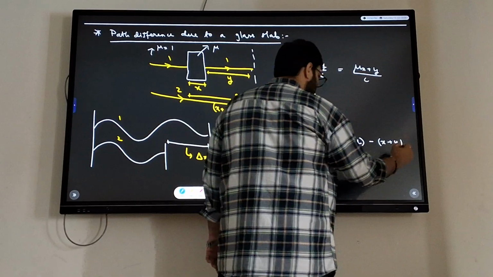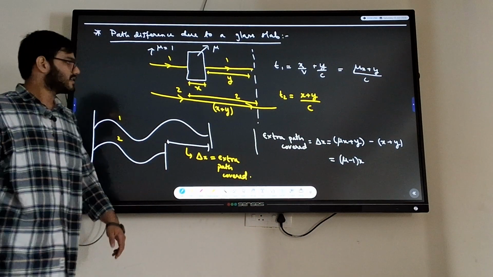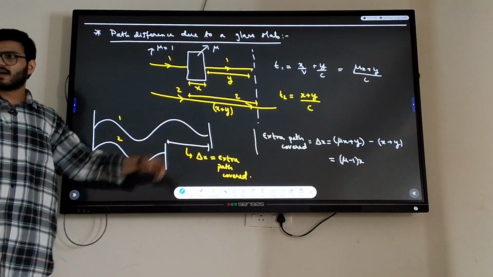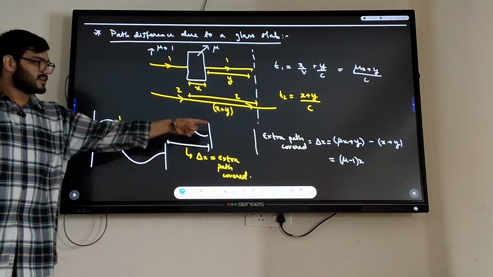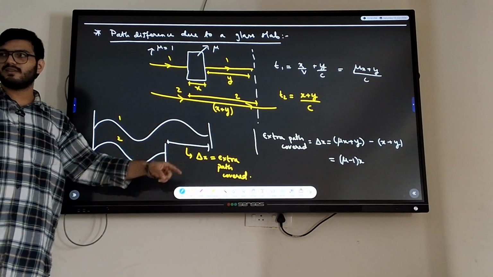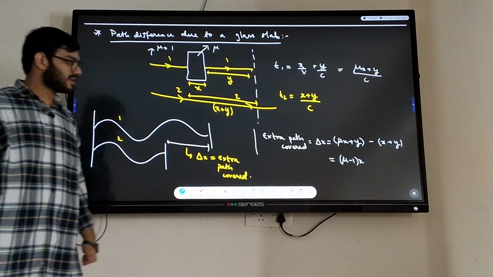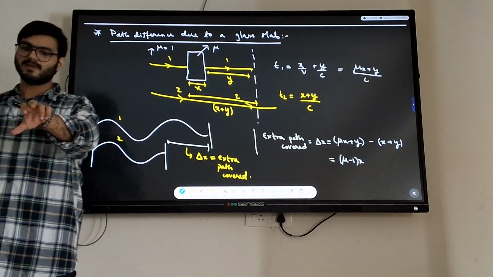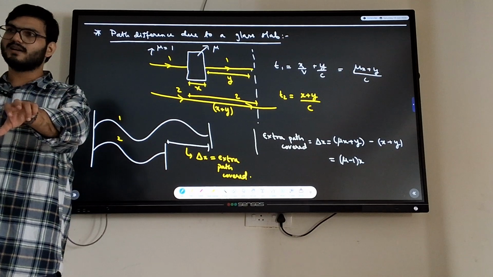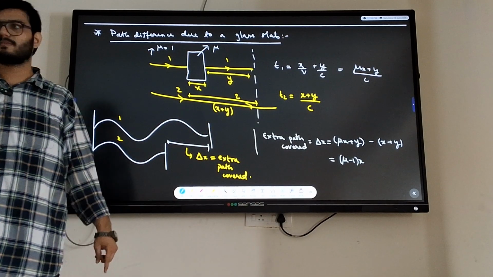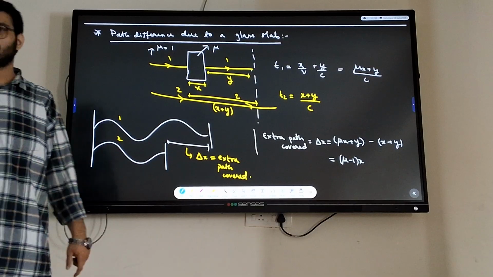And I think it should be very clear that x is the thickness of the slab. Yes or no? I did not write t because I used t2 and t1 earlier, so that's why I wrote x. Is it okay with you? Then you can understand that as soon as you put a slab in front of one of the rays, it suffers a path difference of mu minus 1 into the thickness of the slab. Does it make sense to you?